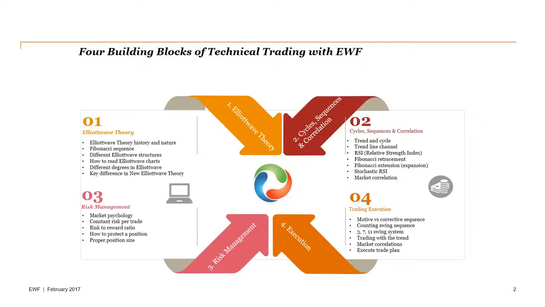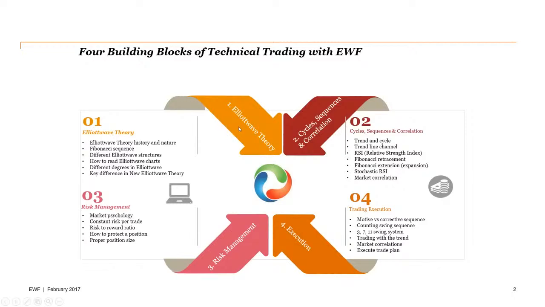And we think that for you to be able to trade successfully, you need to understand these 4 building blocks. What we're going to cover today is only this part here, which is the Elliott Wave theory. The Elliott Wave theory is the basic idea about understanding what Elliott Wave is, how to read the structures, and also the Fibonacci and so on.